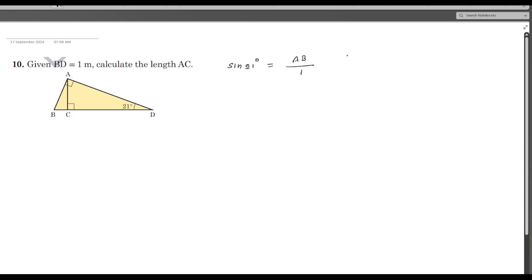So your AB is sine 21 degrees. Next, if we find angle B, angle B is equal to 90 degrees minus 21 degrees, so 90 minus 21 is 69 degrees.